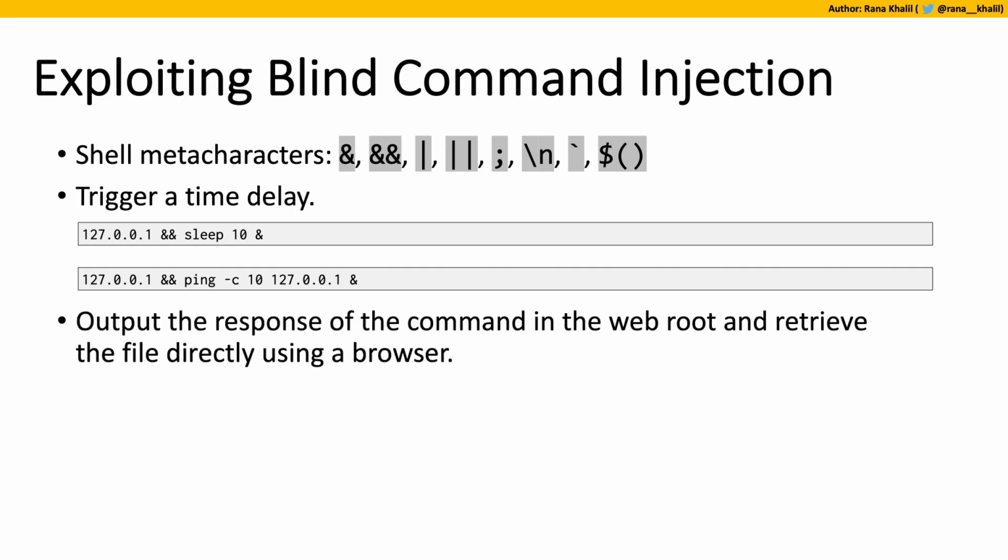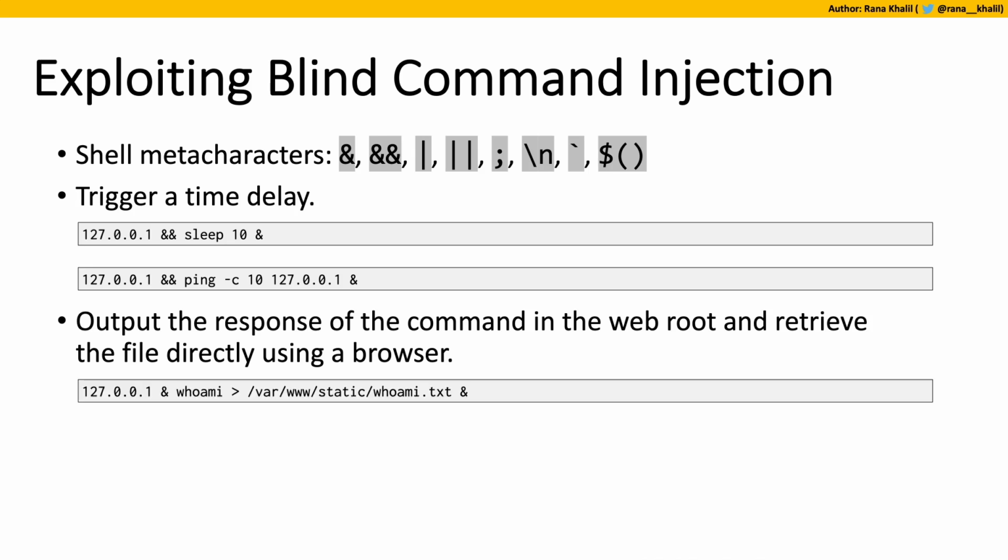And so to prove impact, you could either output the response of the command in the webroot directory and retrieve that file directly using the browser. So we talked about, let's say, running the whoami command, redirecting the output over here to this directory, which is available to anyone that is using the application, and saving it in a file called whoami.txt.